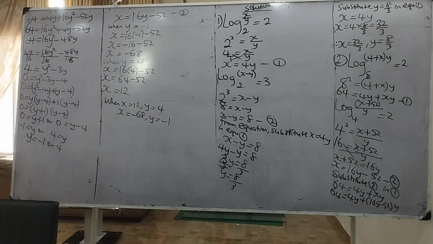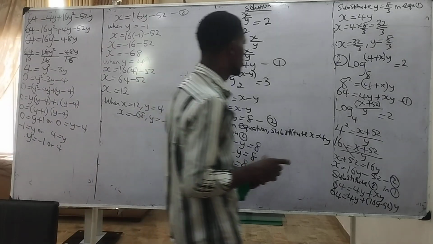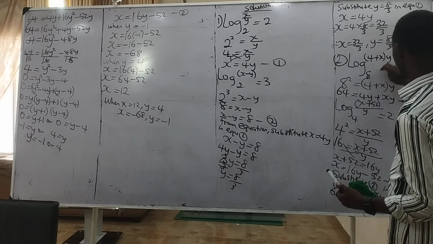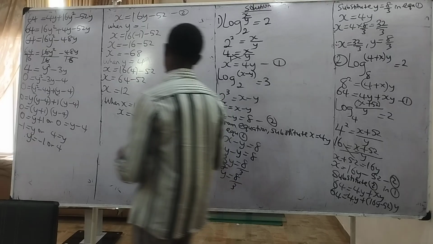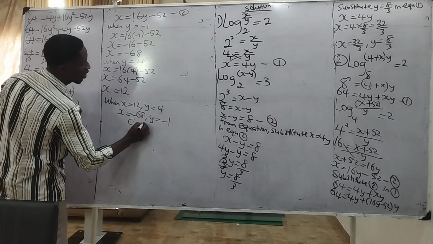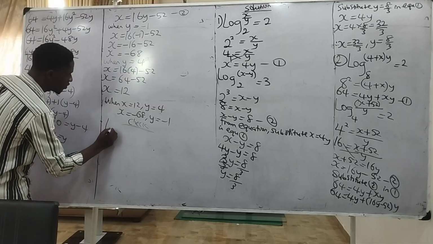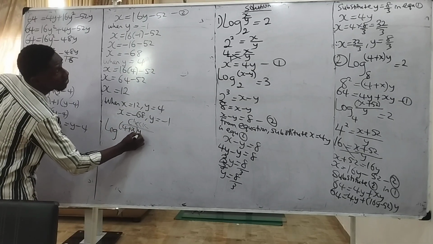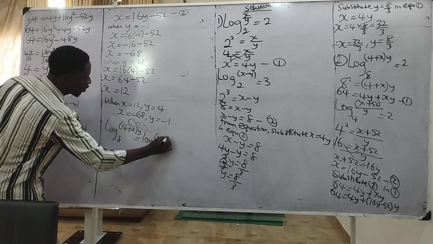So for us to end this, let us make a kind of check. Let us pick this equation here and try to know whether we can get 2. So let's call it check. So we have log of (4 plus x) times y, all in base 8, is equal to log of 4 plus our x.